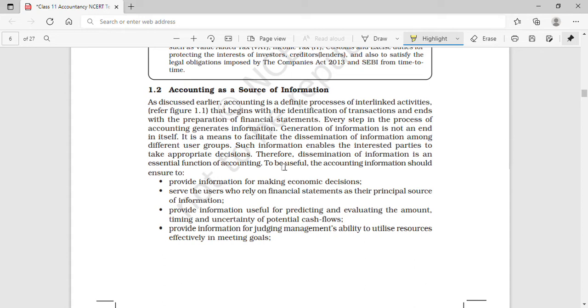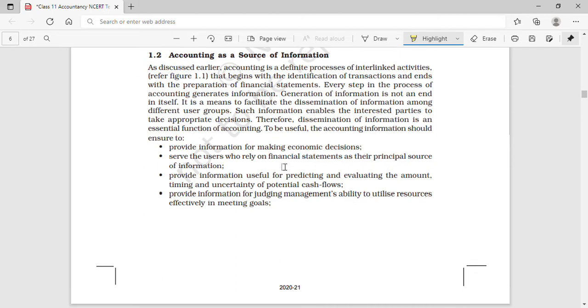You have to make sure that information helps in making economic decisions. It helps to know whether the company has potential cash flows or not, and whether the resources which the company has are good enough to meet the company's goals in the future and current.